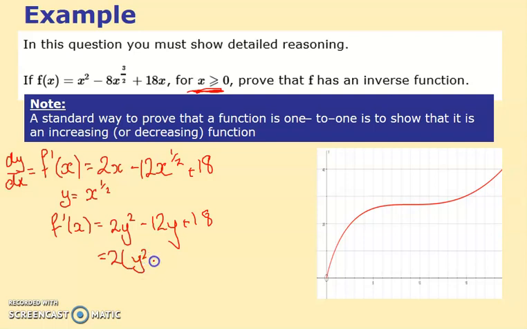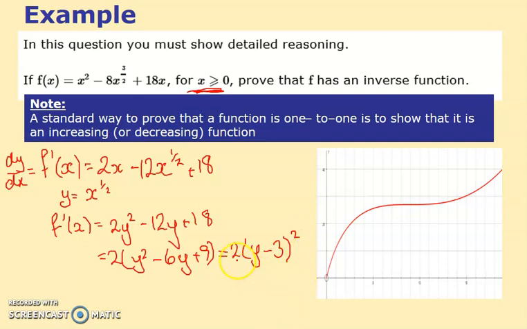I get y squared minus 6y plus 9. And the reason why that's so useful is this factorizes: y minus 3 times y minus 3. You can spot that, or you could complete the square and do the same thing.